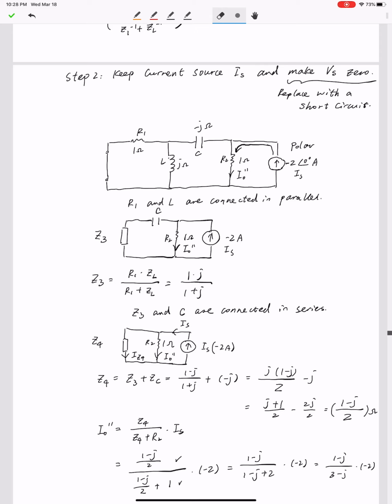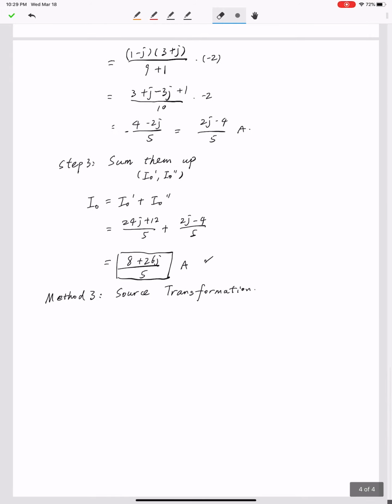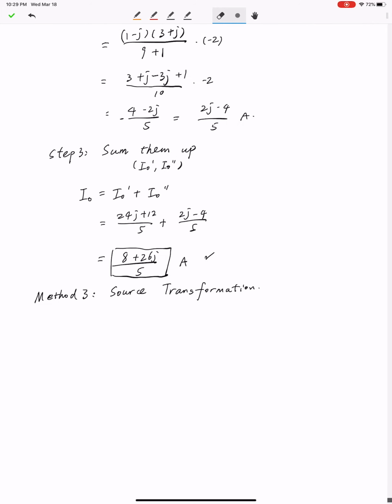Let me look at the circuit that we have in the homework. We can use source transformation to solve that problem. Okay, let's look at this circuit.